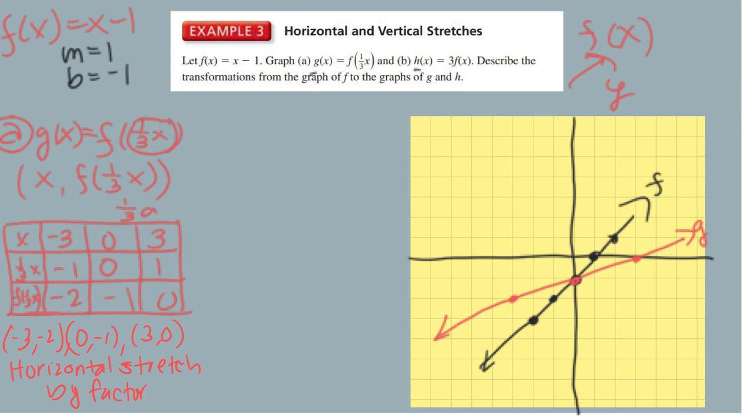If it's less than 1, it's going to be a stretch. So it's going to be 1 divided by 1/3, which was our A. And 1 divided by 1/3 gives us 3.